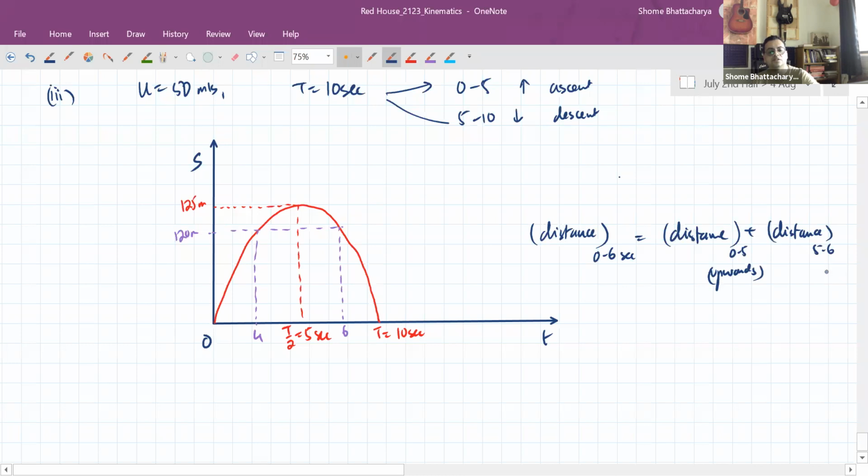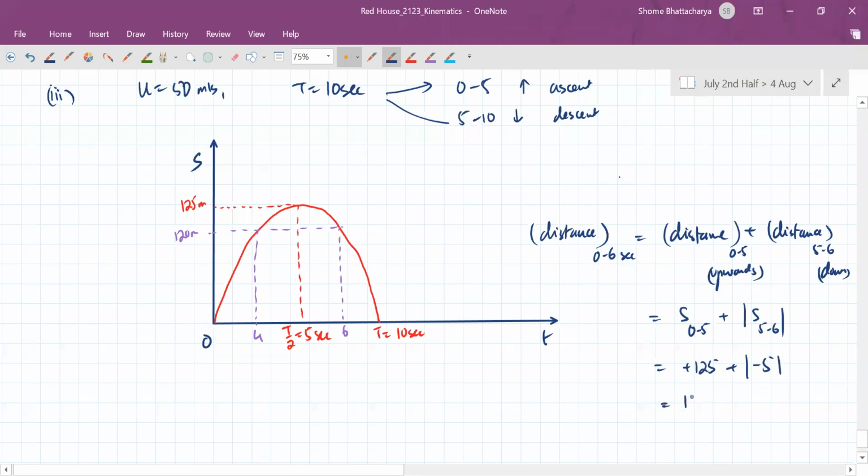This one was a downward distance traveled. So it will be the displacement from 0 to 5 because it's upwards only, but the mod of displacement from 5 to 6. The displacement from 0 to 5 is plus 125 meters, but the displacement from 5 to 6 is minus 5 meters because it's coming down by 5 meters. Understood now how it's becoming 130 meters?